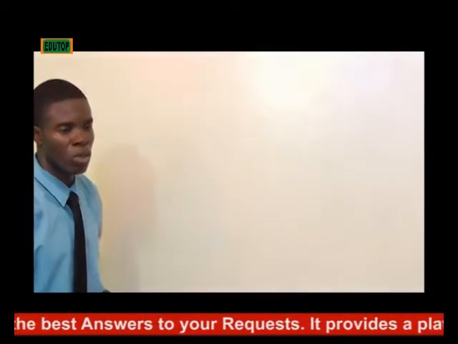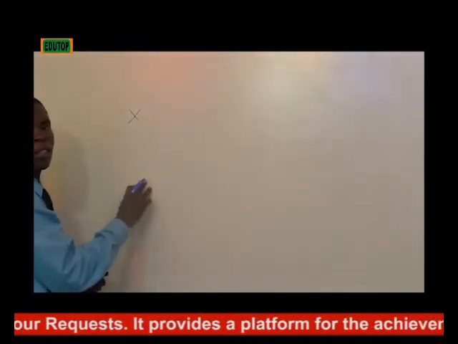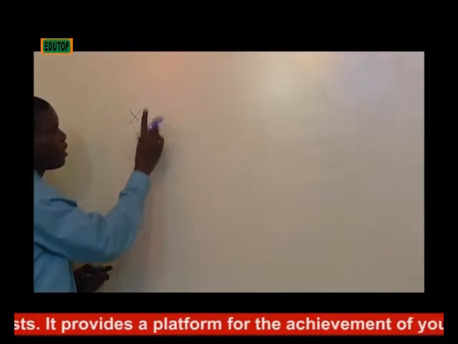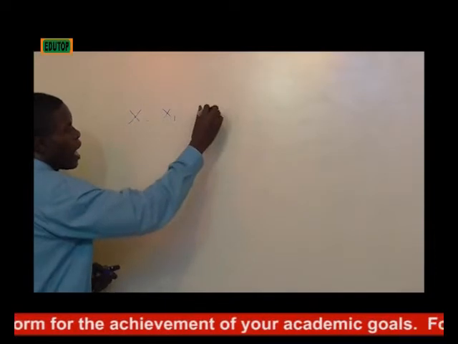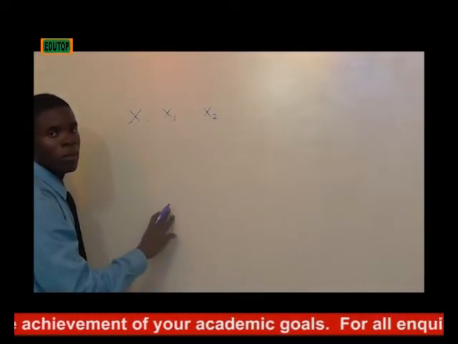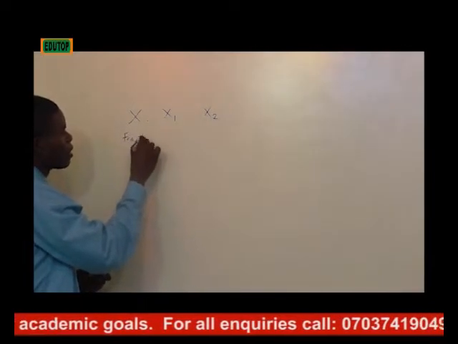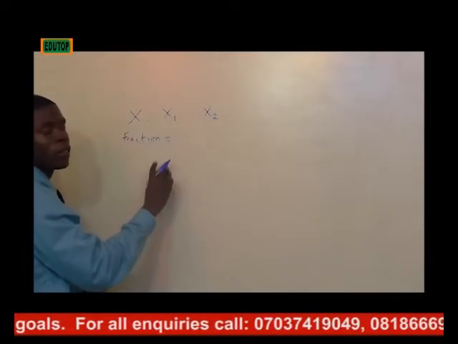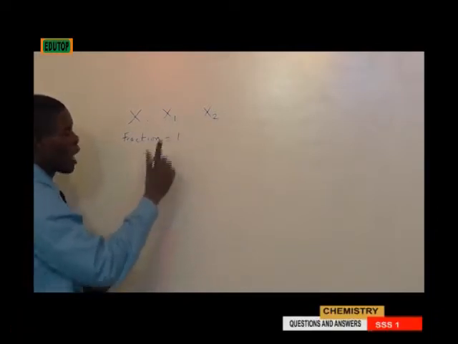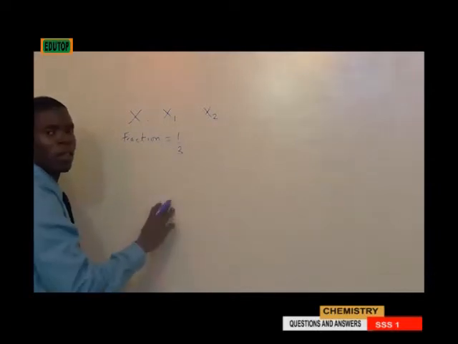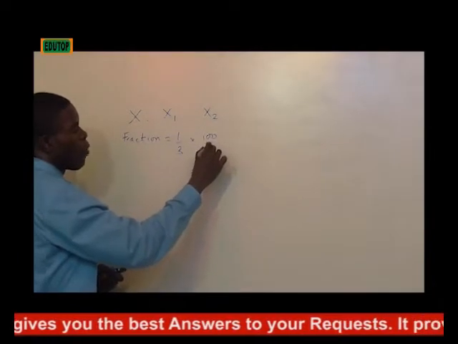Back to question 2. The element here is of the same respect, X. It exists in 2 forms, which are x1 and x2. The fraction of x1 is 1 over the total, which is 3, times 100 over 1.